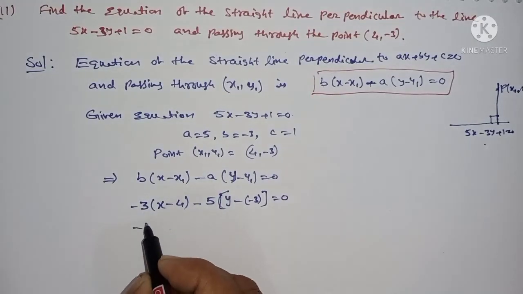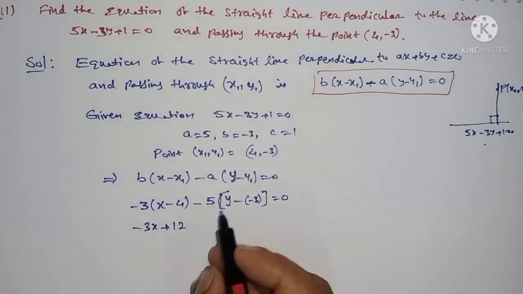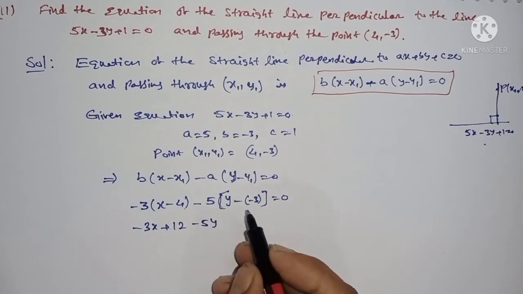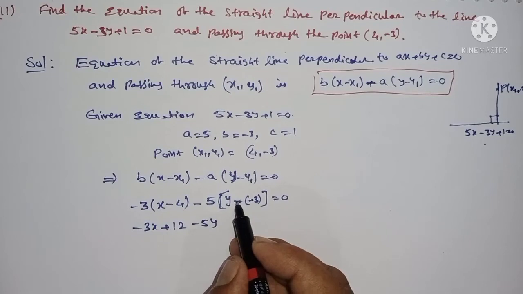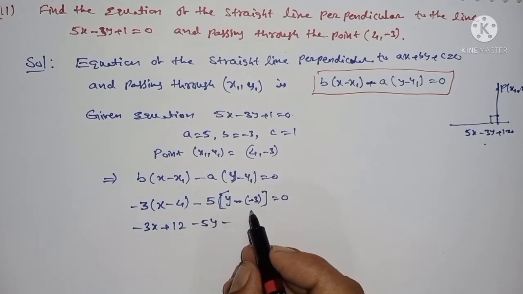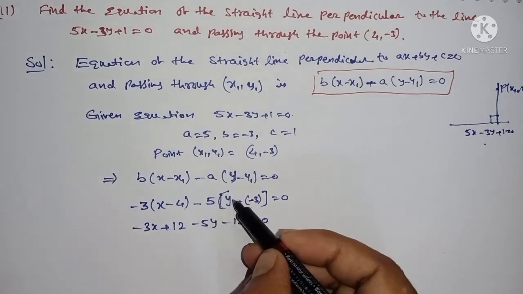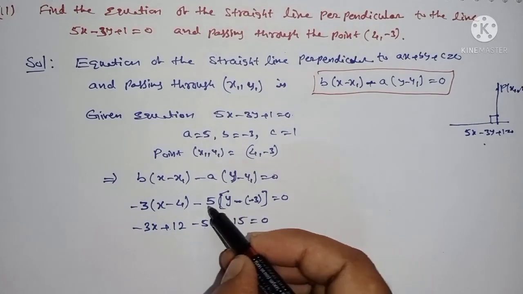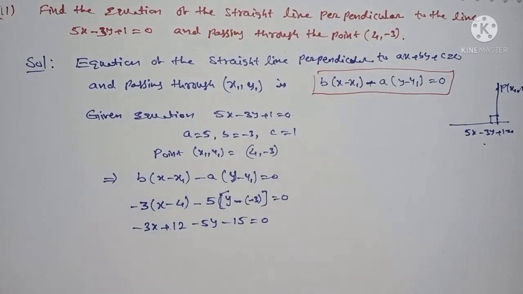Minus 3x, minus of minus 3 into 4 is plus 12, minus 5y, minus of minus, again this is a plus only, minus into minus is plus, 5 into 3 is 15, is equal to 0. You can observe here: minus 3x, as it is, minus of minus 3 into 4 is 12, minus 5y, minus of minus plus, plus into minus is nothing but minus, 5 into 3 is nothing but 15 only.